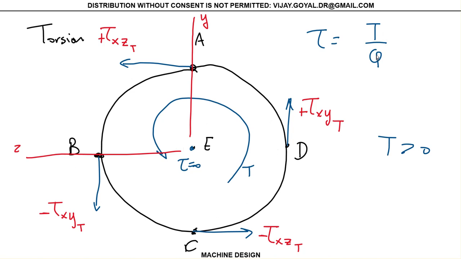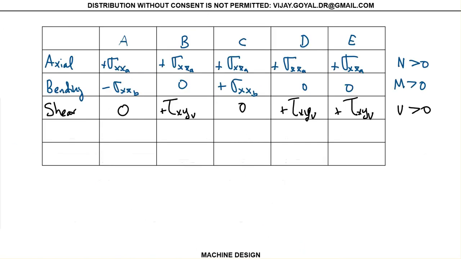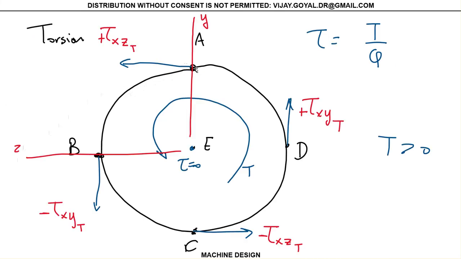Okay, so if we went and tried to fill the table now for this particular case, what you can see is I have torque, and at point A, it was plus tau xz torque. You can see it from here. It's positive.